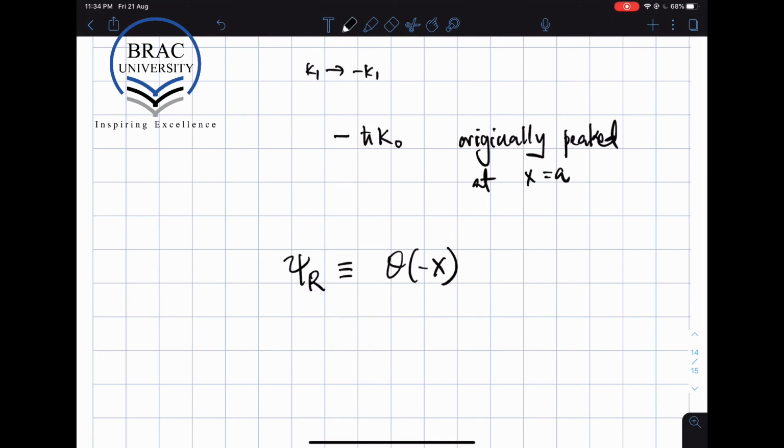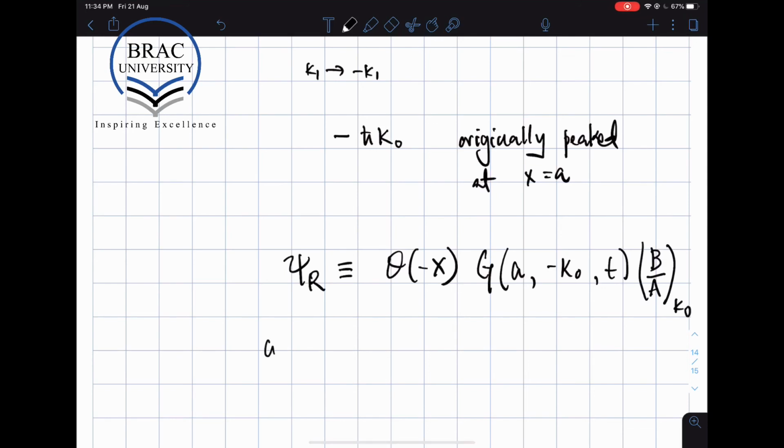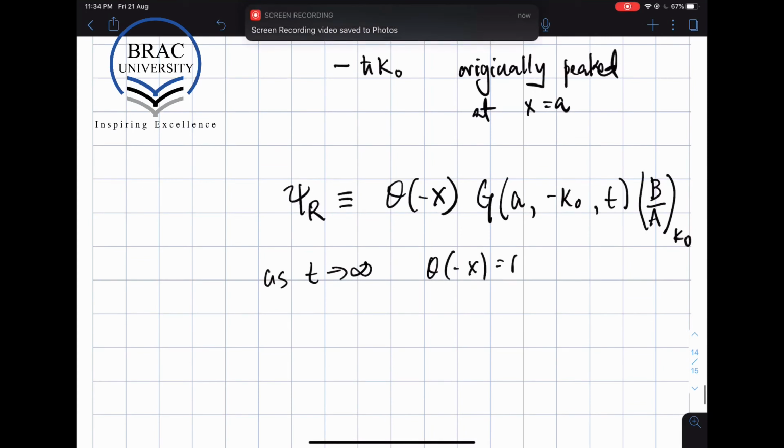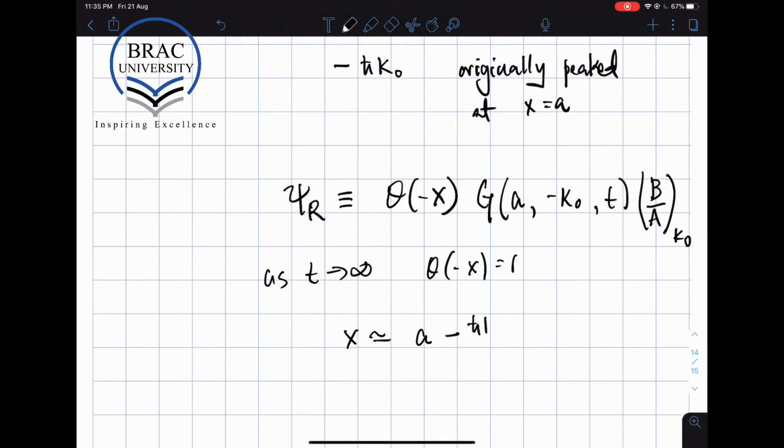The psi r is going to be the step function with the argument minus x, and a Gaussian originally peaked at a, with negative momentum, times b times a evaluated at k0. Now as t goes to infinity, we can set this thing to 1, and the Gaussian's position, which was a, becomes minus h bar k naught t over m, and thus the Gaussian is going to be on the negative x-axis.